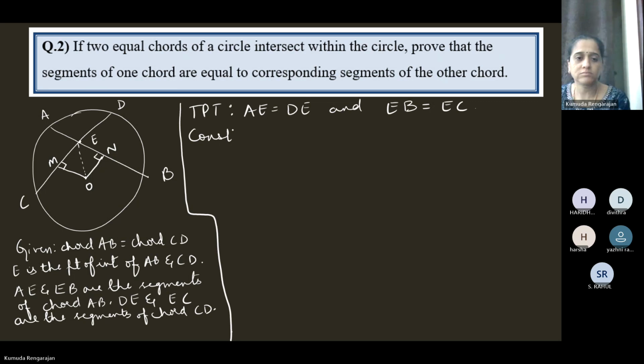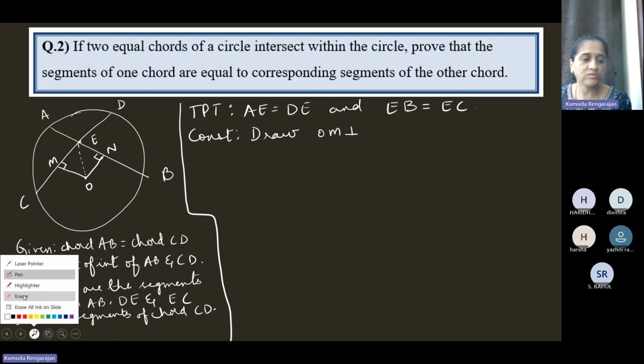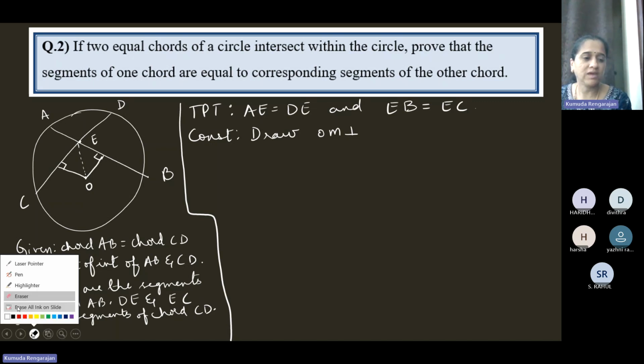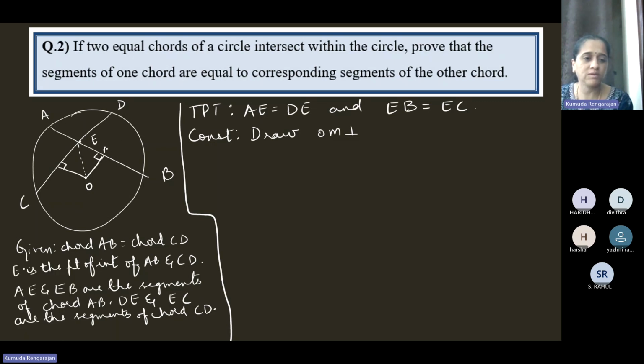Construction. Draw OM perpendicular to AB first, so can you change this to M? Please change the positions, M and N alone. Online children, please make a note of this.